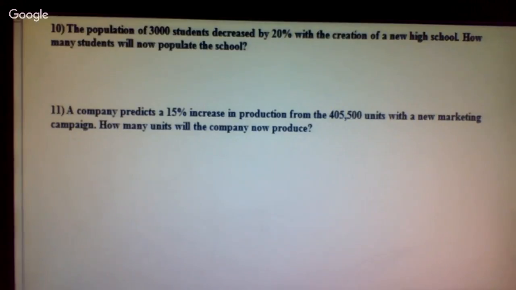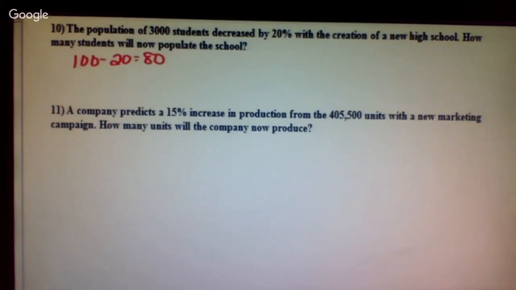Okay, number 10. We've got 3,000 students and they're being decreased by 20% because we've created a new high school. So 20% of the population is going to that new high school. How many students will now be at the original school? So I'm decreasing. What am I doing with 100? Subtracting it.